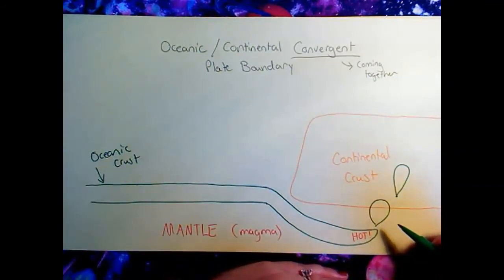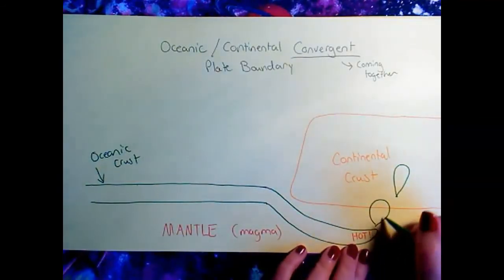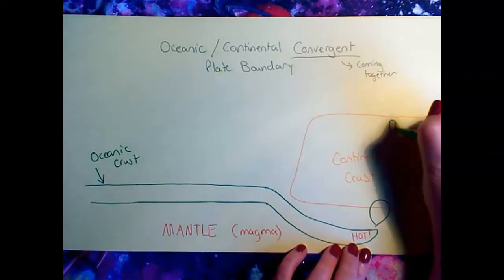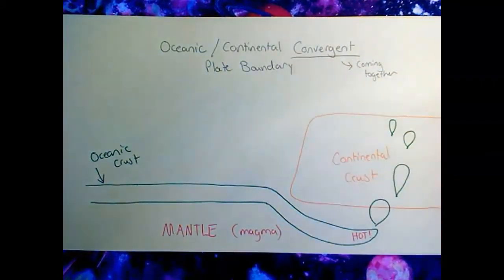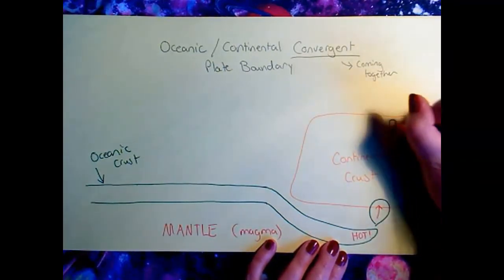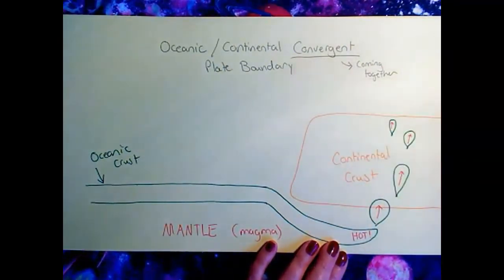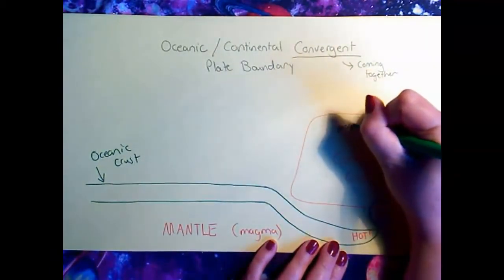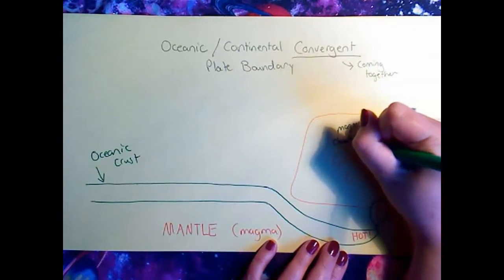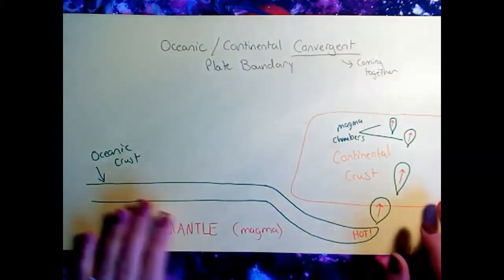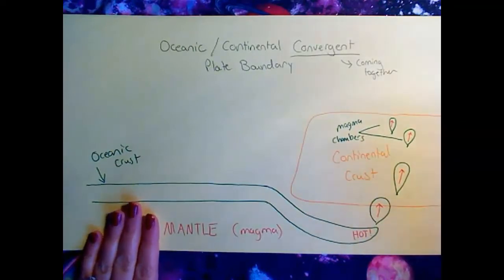Hot liquid is going to start rising because it's less dense, so it's going to start bubbling up into this less dense continental crust. Okay, and you're going to have these little things called magma chambers. You're going to have magma chambers that are going to form within that continental crust.